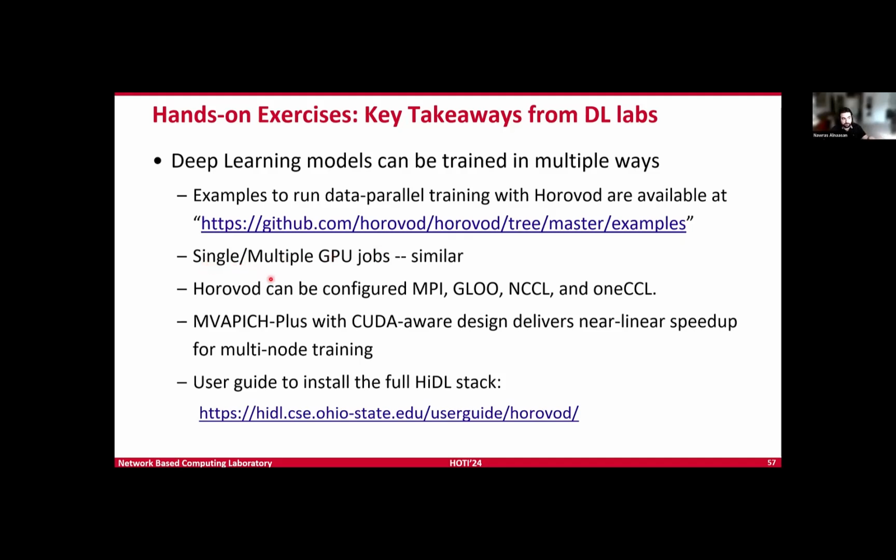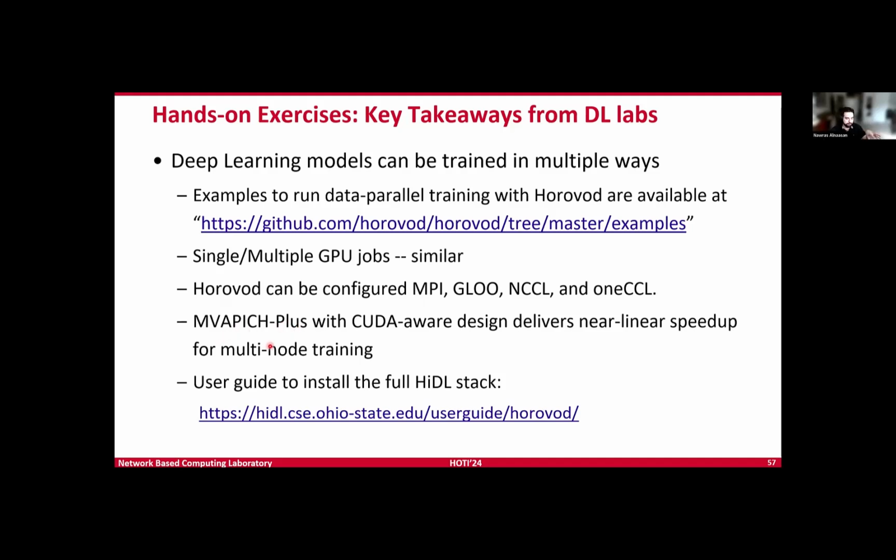Running single versus multiple GPU jobs is similar: if you take the same PyTorch script, you just need to add a few lines to make it multi-GPU compatible. These distributed DL middleware frameworks can be configured with different communication backends like MPI, Gloo, and NCCL. We're going to explain those in more detail in the very next section.